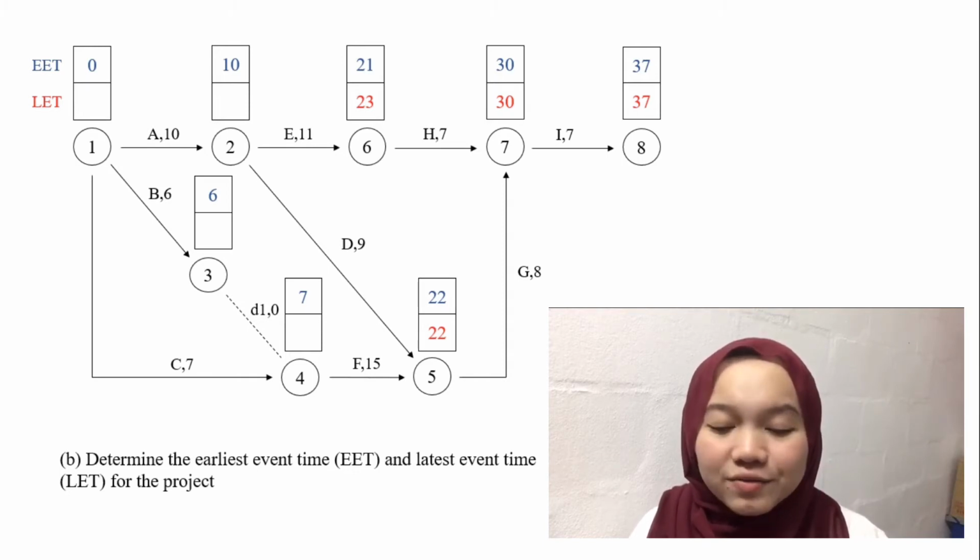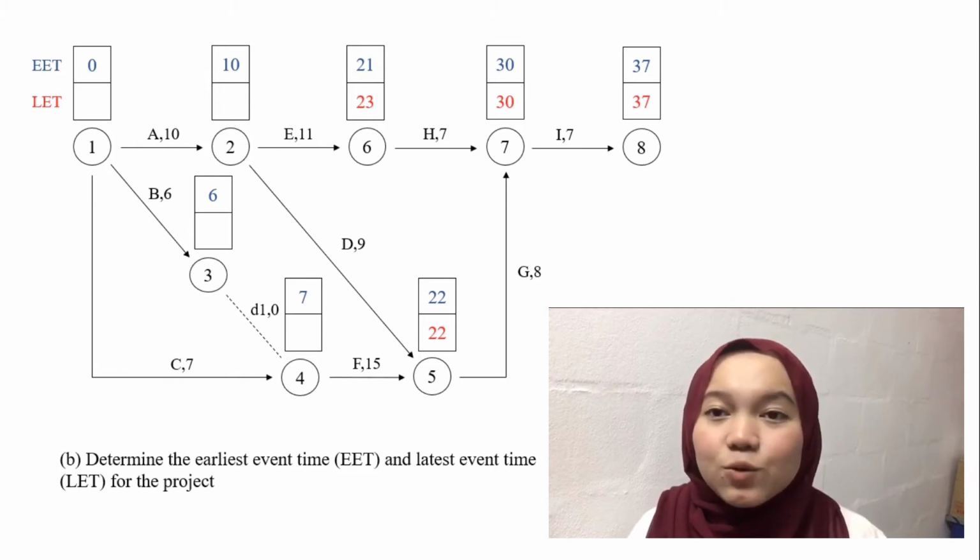For node 5, 22 minus 9, which gives us 13. And for node 6, 23 minus 11, we get 12. So as we can see, there are 2 different answers, and we choose the lowest one, which is from node 6, that has only 12 weeks.